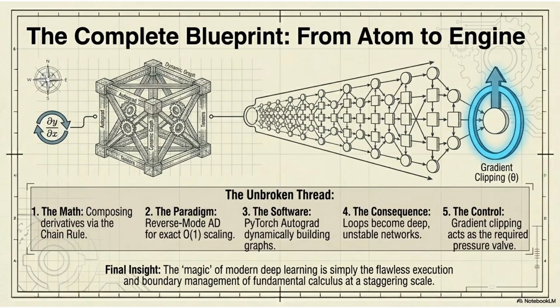The consequence is that loops become deep and unstable networks. And finally, the control mechanism: gradient clipping acts as the required pressure valve to keep the system stable. So the final insight to leave with you is that the magic of modern deep learning isn't just magic. It's simply the flawless execution and boundary management of fundamental calculus at a high scale.